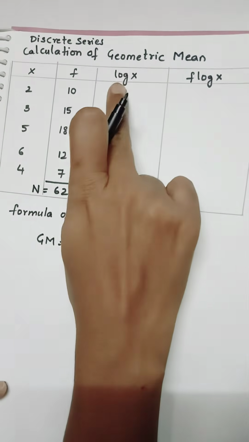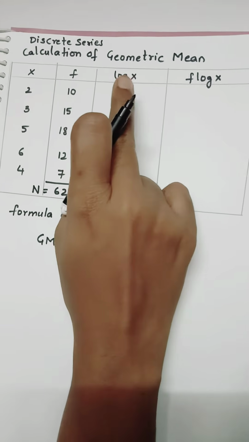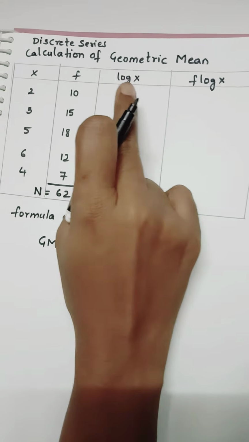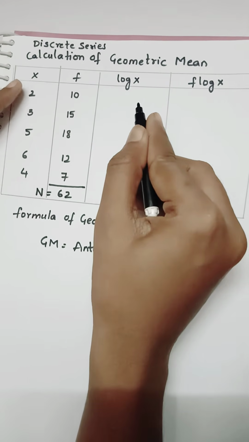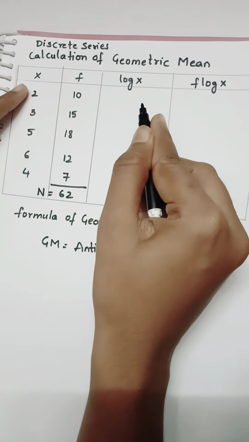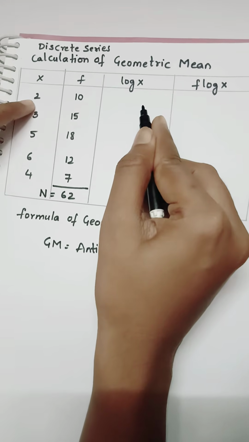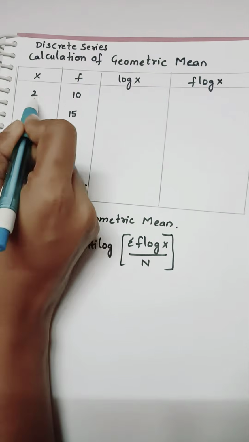Now the second step is log x. Log x values we need to take from the log table. First let us consider how many digits are there in the x value. X value has only one digit.